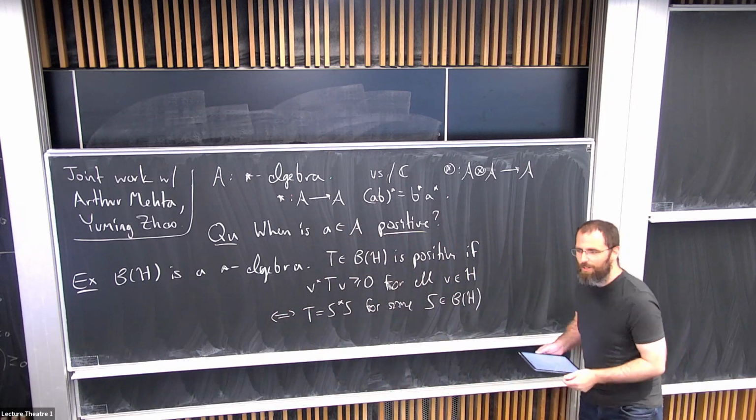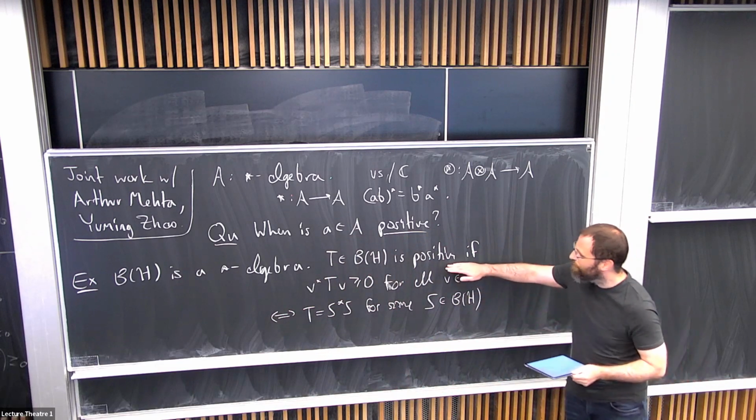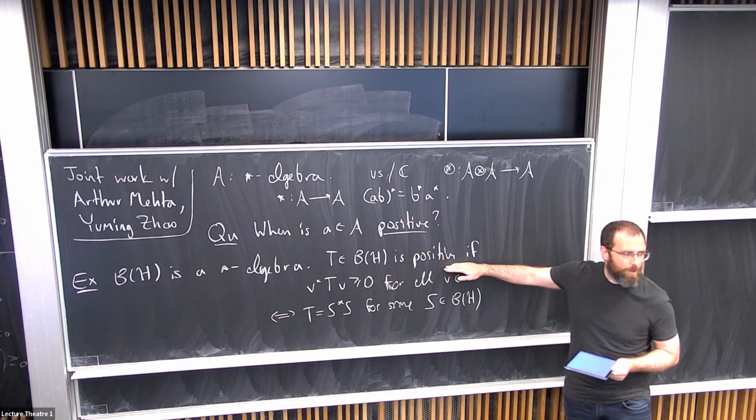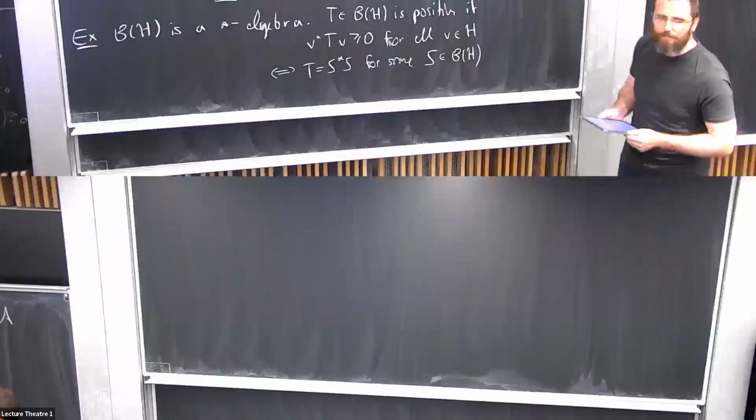And hopefully that's a familiar definition. Maybe a comment on positive: if you're used to matrices, that would be positive semi-definite. So greater than or equal to 0, rather than strictly positive.